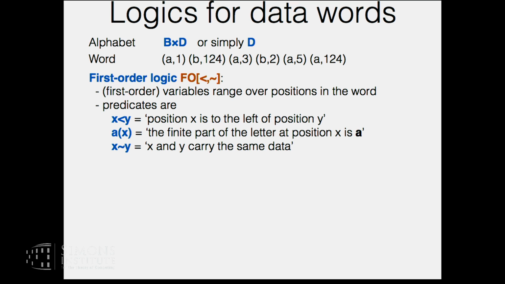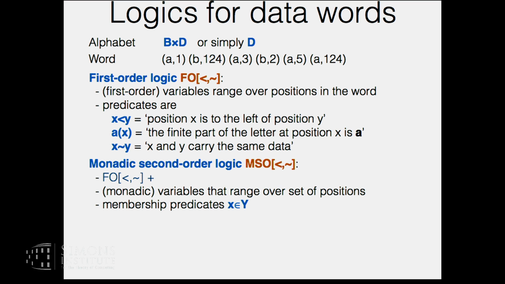We have all the standard things of first order logic, but the new predicate is x is equivalent to y, and that means the value at position x and the value at position y are the same, right? So this gives you a logic, and if you give it a word like that, it either accepts it or rejects it.